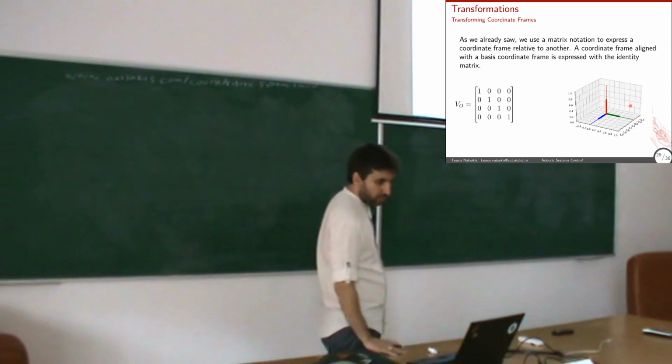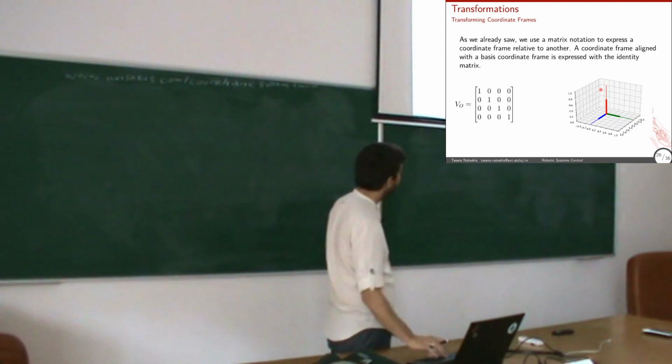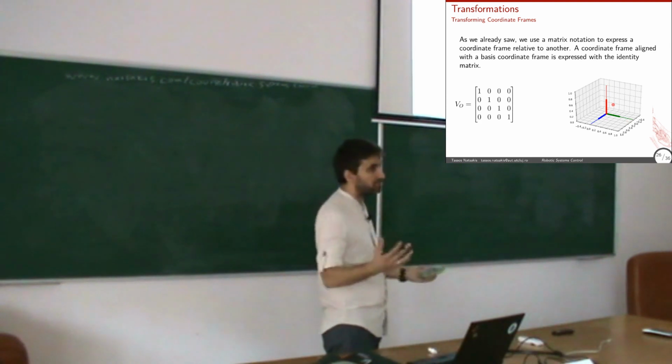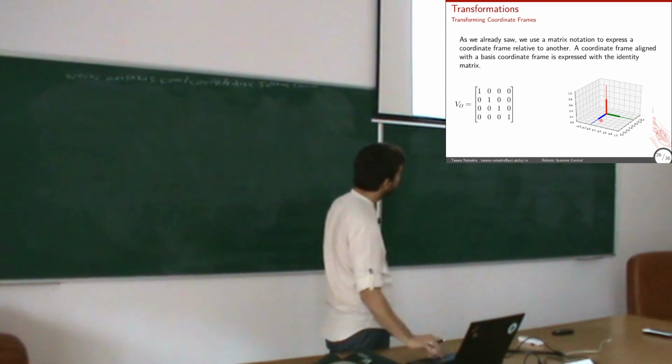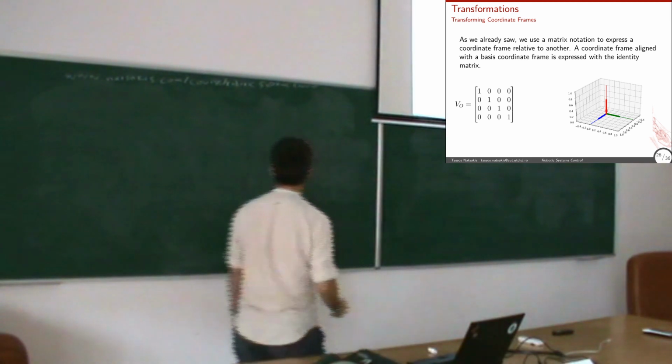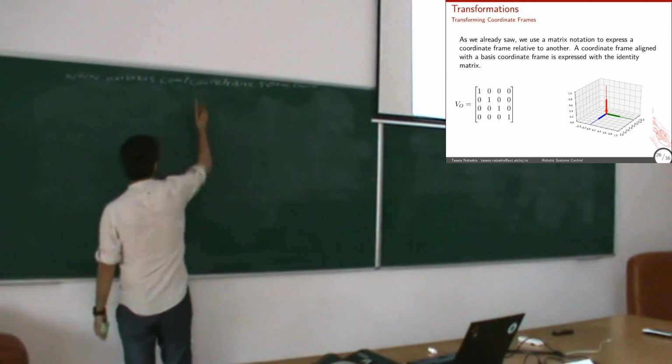Okay? So basically, if I have a base coordinate frame with a thin line, and then another coordinate frame that is going to be moving around with the thick lines, and they are totally aligned, then I can express this coordinate. Let's maybe do it with the board as well.